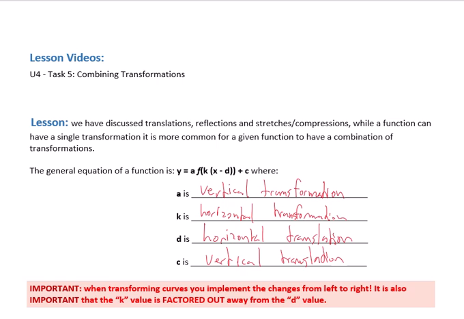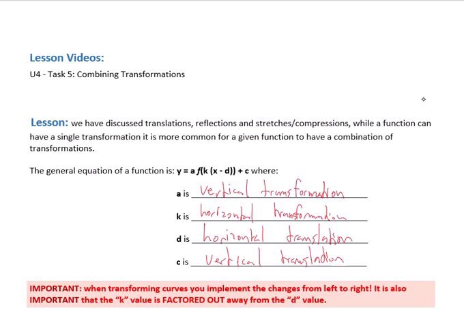Now, it is very, very important that when transforming curves, you implement changes from left to right. So as you read, you work left to right. It's also important that the k value is factored out from the d value. So notice in the general equation here, see how k is separated from x minus d by a bracket?